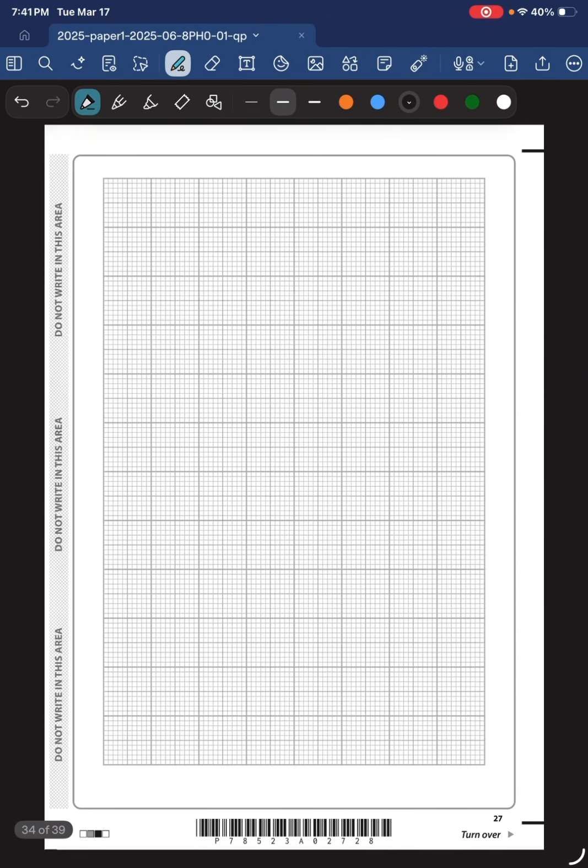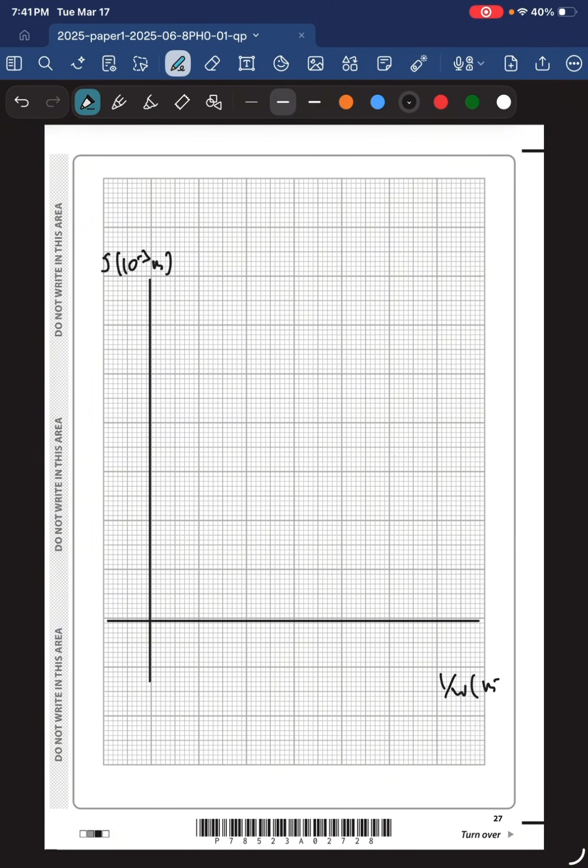So let's go to the plot. This is S in 10 to the negative 3 meters, and on this axis we have 1 over W in meters to the minus 1.